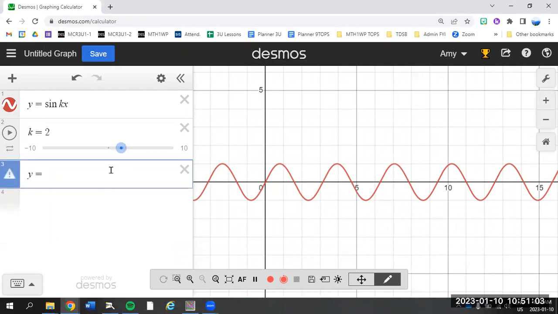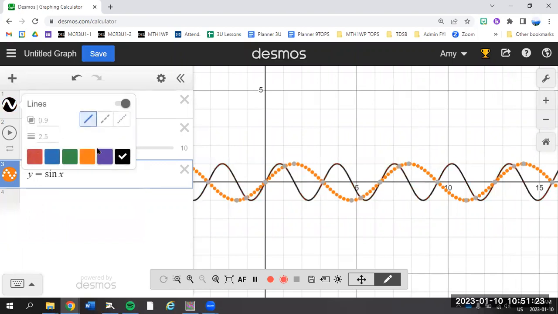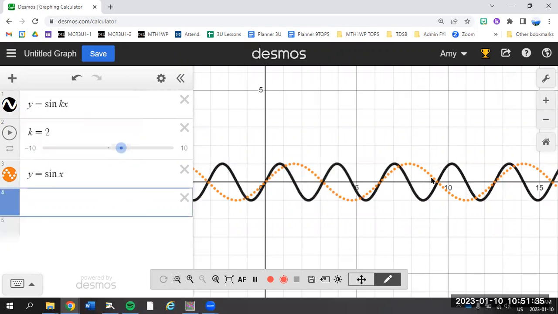And just so that you have a point of comparison, let's change this to, how do I change the color again, guys? Oh, there we go. Let's make this darker. Okay, so the orange function is our original.